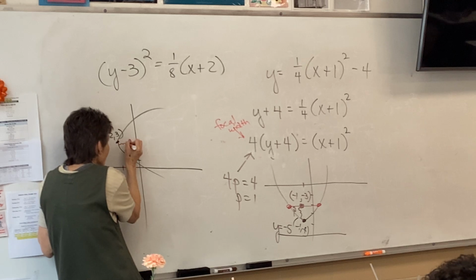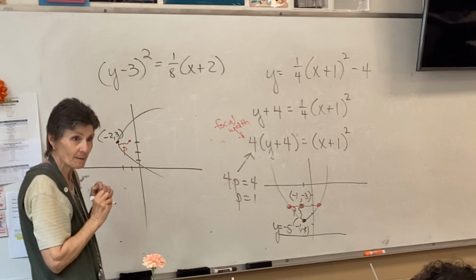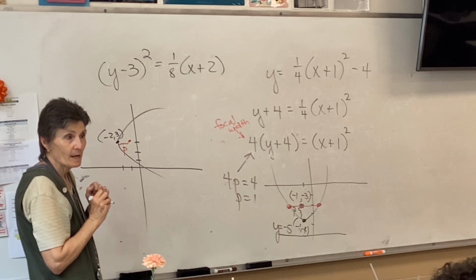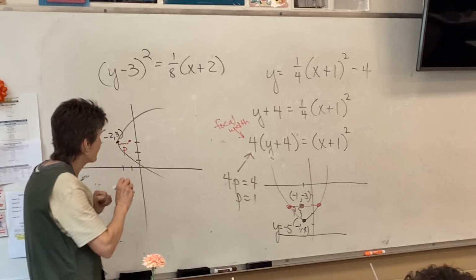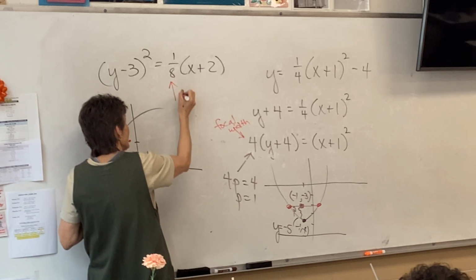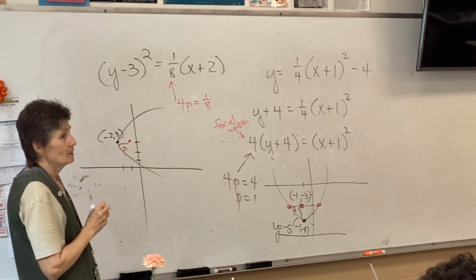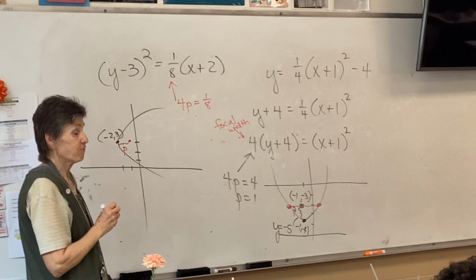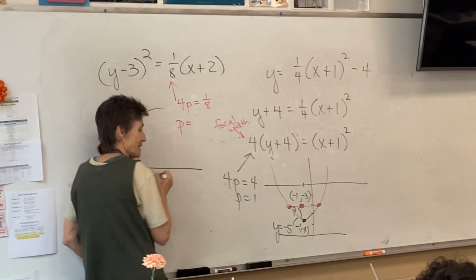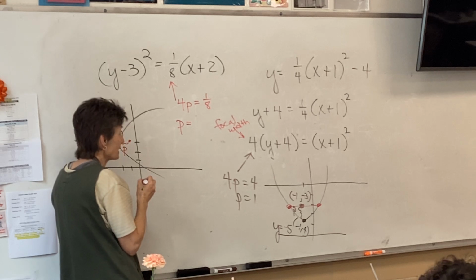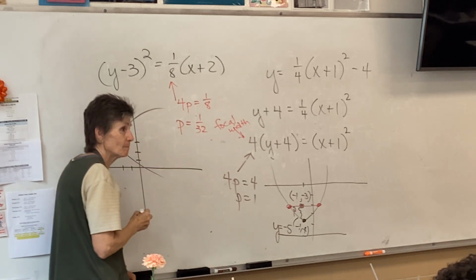And to find it, I'm gonna have to go forward a distance called P. And what do I know about 4P? Well, 4P is always that number. So if 4P is an eighth, what will P be? 1/32.